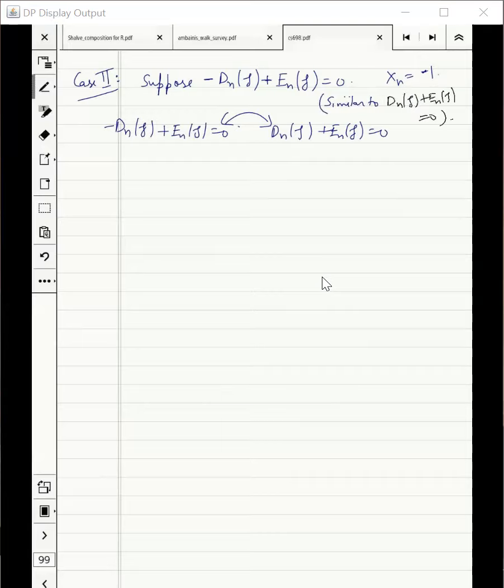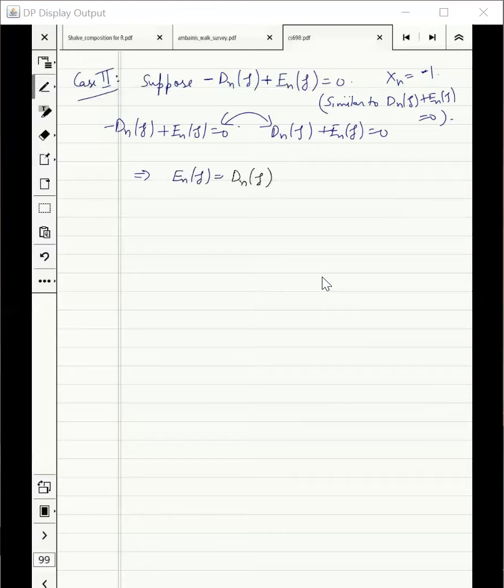Now, for half the inputs, already the function is 0. When I set xn equal to -1, the function has gone to 0. But now what happens for xn equal to 1? Now, minus DNF plus ENF equal to 0, this implies ENF is equal to DNF.